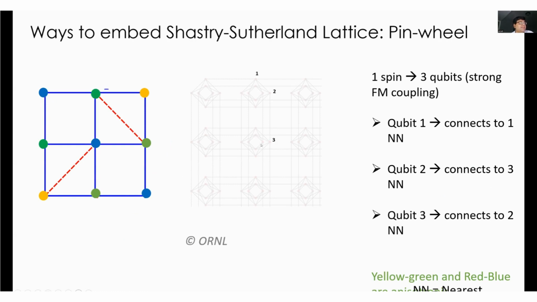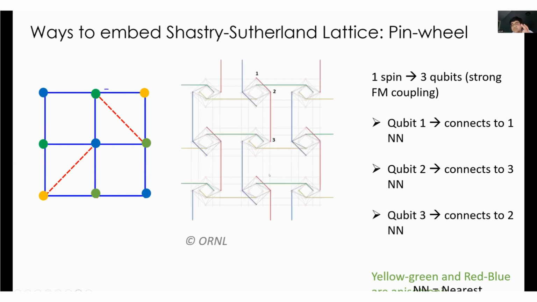There are 2 ways in which you can do it. The first one is called the pinwheel architecture, where you embed 1 spin onto 3 logical qubits by coupling them very strongly. So this whole thing becomes 1 spin, this becomes 1 spin, this green becomes 1 spin, the red becomes 1 spin.